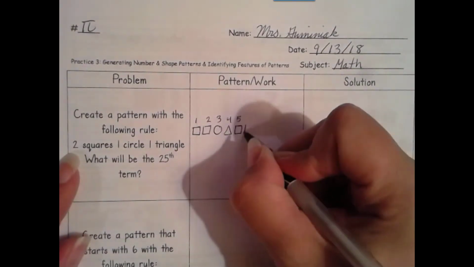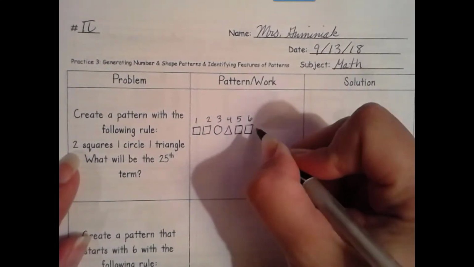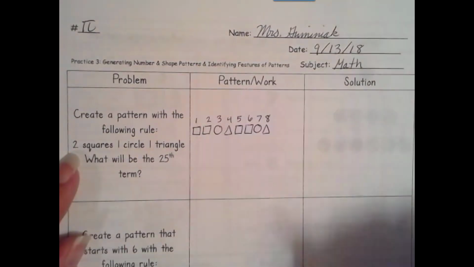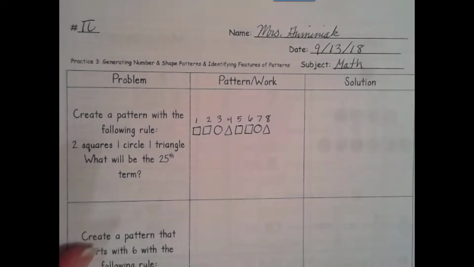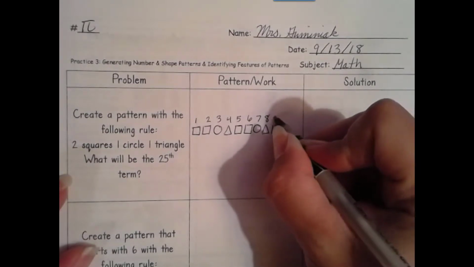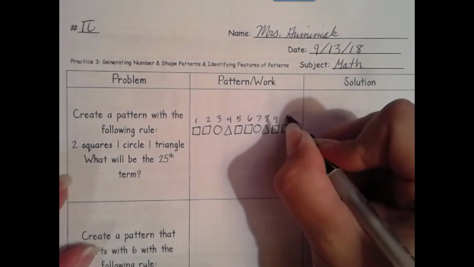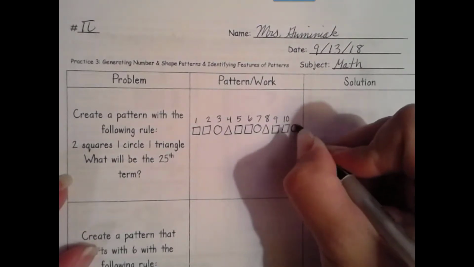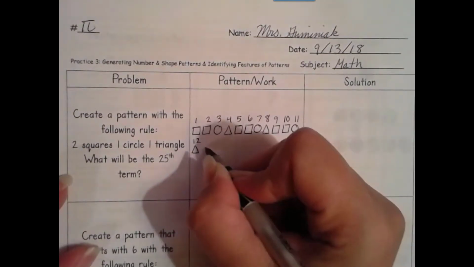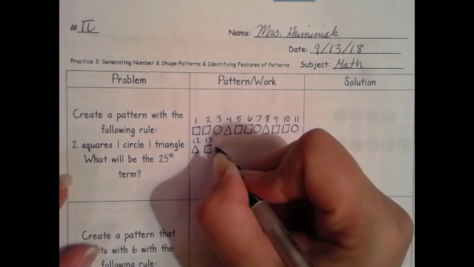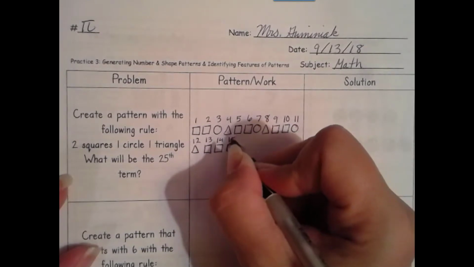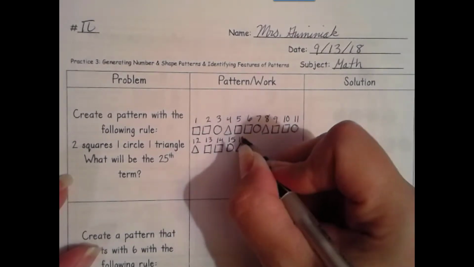So if I follow it again, there's 5, 6, 7, 8. If I keep going, 9, 10, 11, 12, 13, 14, 15, 16.